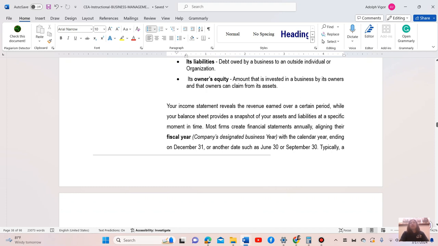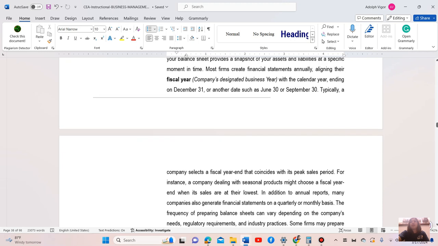Your income statement reveals the revenue earned over a certain period, while your balance sheet provides a snapshot of your assets and liabilities at a specific moment in time. Most firms create financial statements annually, aligning their fiscal year, which is your company's designated business year, with the calendar year ending on December 31st or another date such as June 30 or September 30.